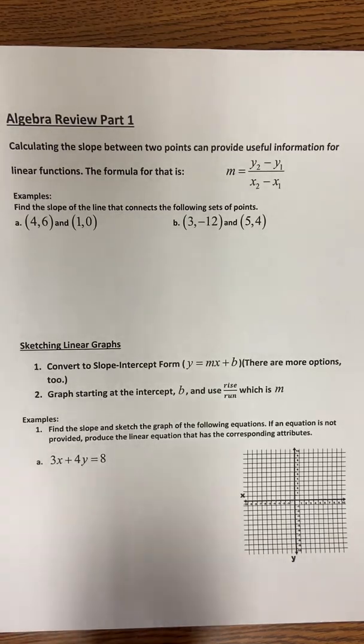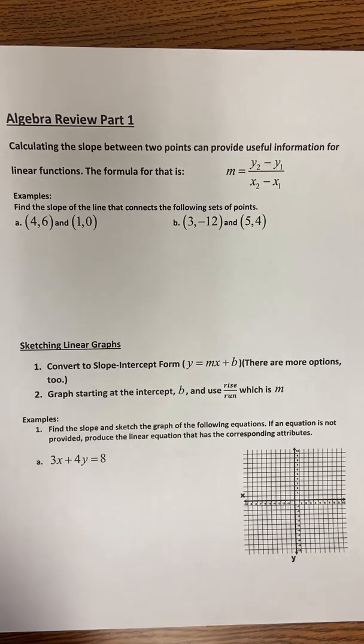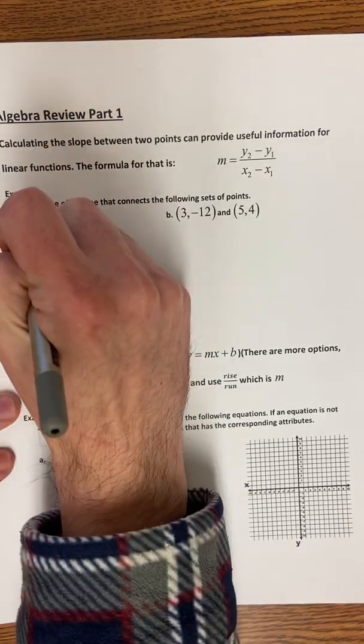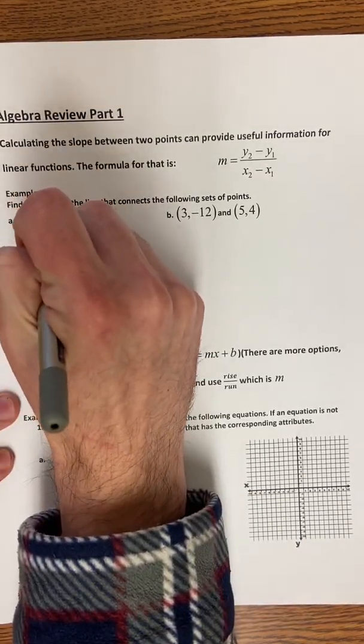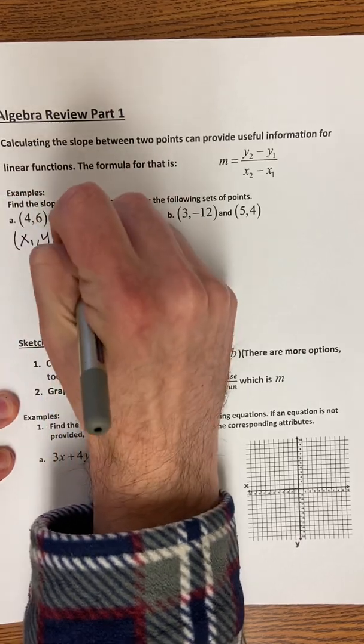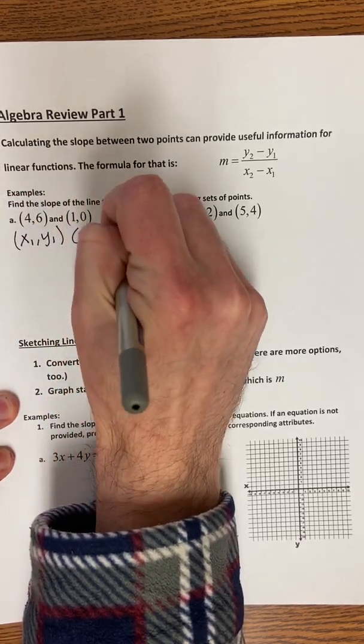For me, I'm just going to do one of these and I will leave one of these for you to do. I'm going to go ahead and do A. So find the slope of the line that connects the following set of points. We're connecting the points (4, 6) and (1, 0). I just have a general rule of thumb of letting the first point be x1, y1, and the second point be x2, y2.